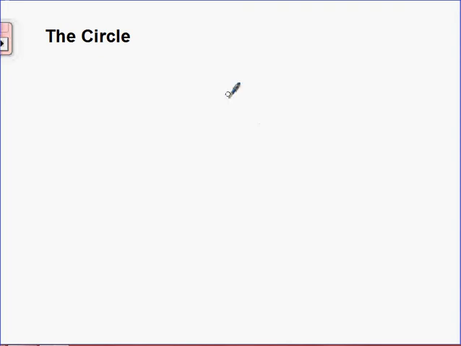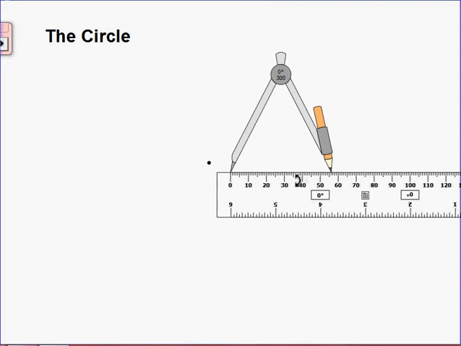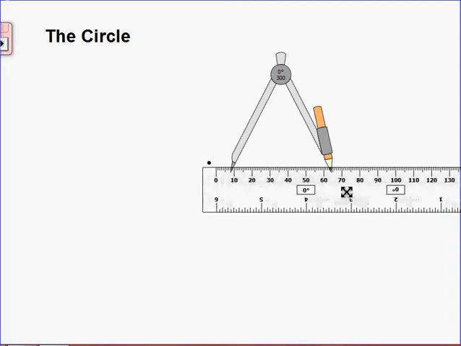So I'm going to mark a center O for you. Now, as you said, a center has a radius and the circle is made up of this radius. So I'm going to draw a particular circle, a circle of radius 5 centimeters.